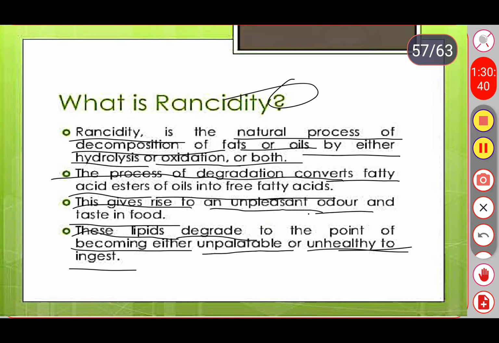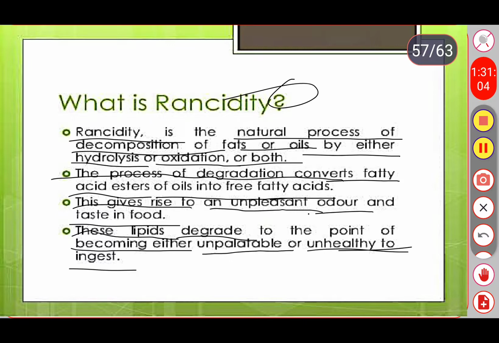Actually, the oils and fats slowly get oxidized. This type of oxidation is called rancidity. Bad and unpleasant smells occur on the substances, which indicates rancidity or spoiling of the food.